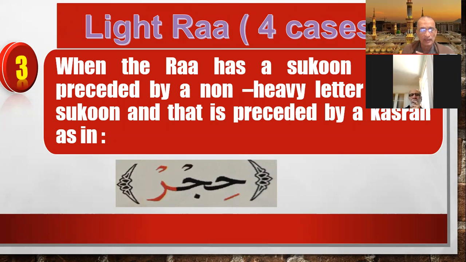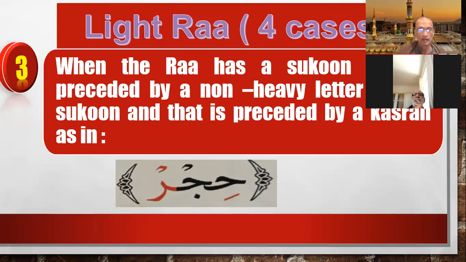Hijr. Ra sakina, a light letter, not heavy, with the sukoon, preceded by a kasra.